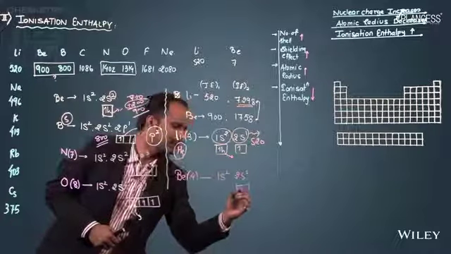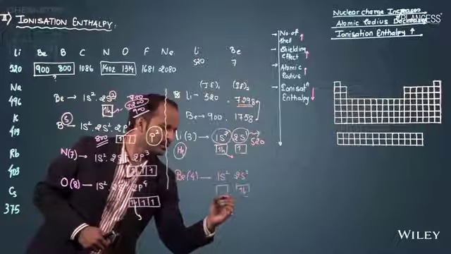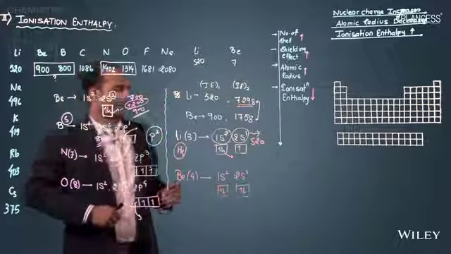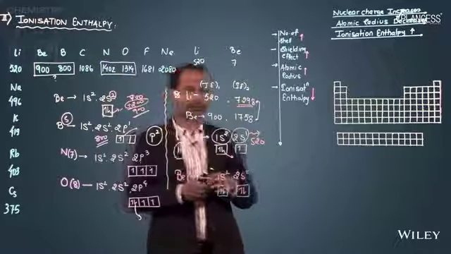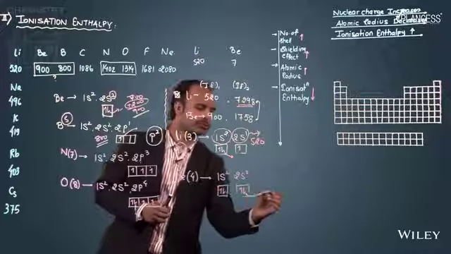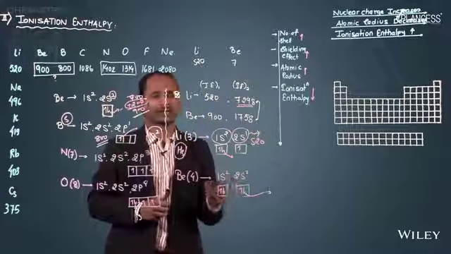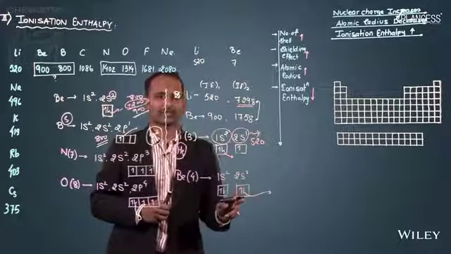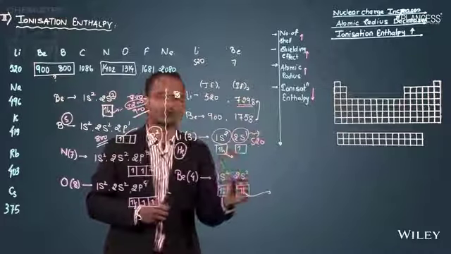But for beryllium, atomic number 4, the configuration is 1s2 2s2. 2s has 2 electrons and 1s also has 2 electrons. Let's suppose I want to remove the first electron. The energy required for removing the first electron is high because it has an s2 configuration.